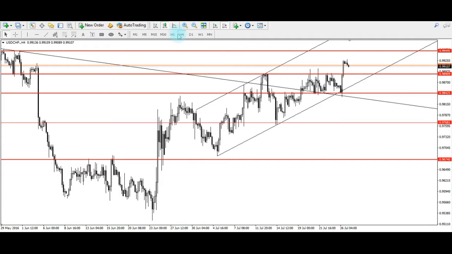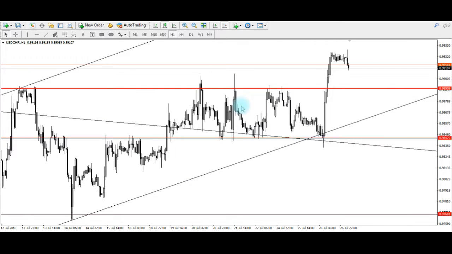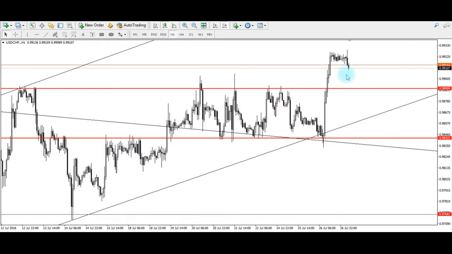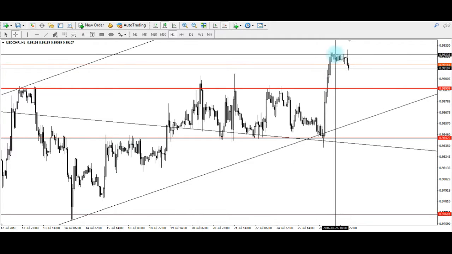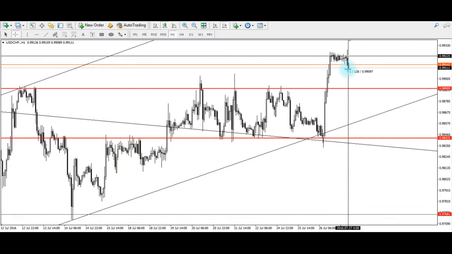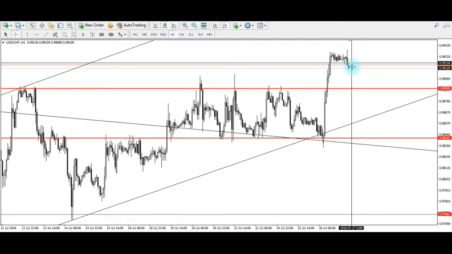So that is very good news for me. I have sent out signals for my subscribers as well, so they are probably doing pretty well, making good profit out of it. Anyway, that aside, right now we are seeing that the price is going into consolidation. It went down a little bit, so pretty much it is going into a retracement.